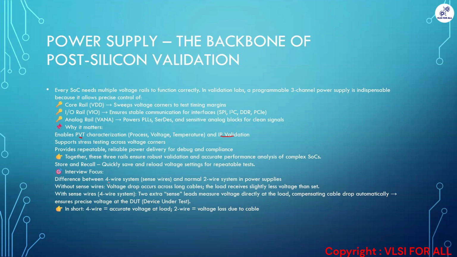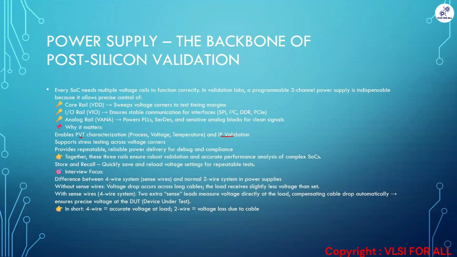And we'll have a 4-wire connection and a 2-wire connection. 4 wires means we'll have extra sense wires. In a normal 2-wire system we'll have positive and negative, like VDD and ground, red wire and black wire.